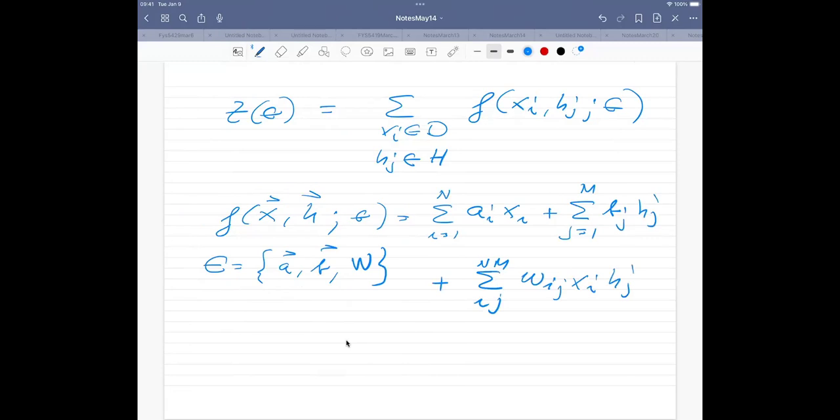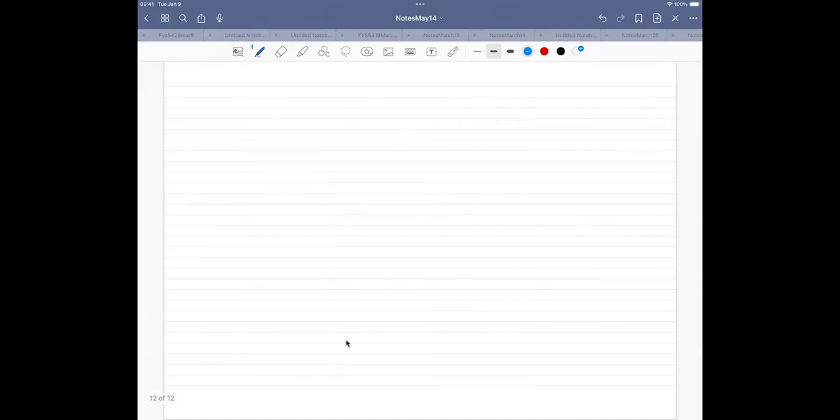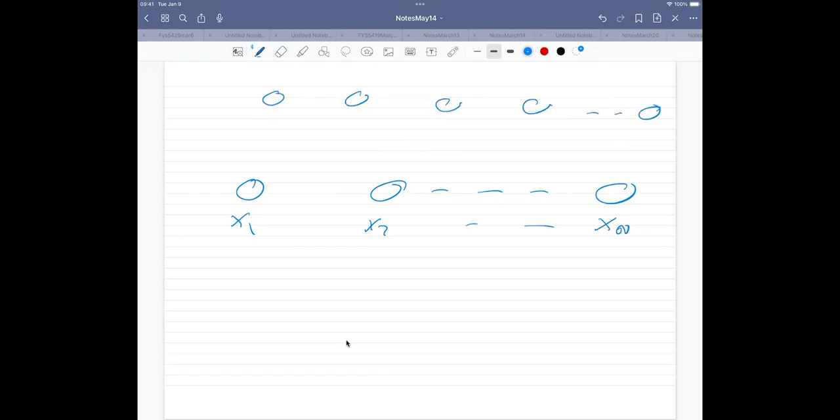So the way you can think of this now is that you have a visible layer like that. So we'd have x1, x2, etc., up to some xn. And then we have a given number of hidden nodes where we end up with hm. Then you have h1, h2.